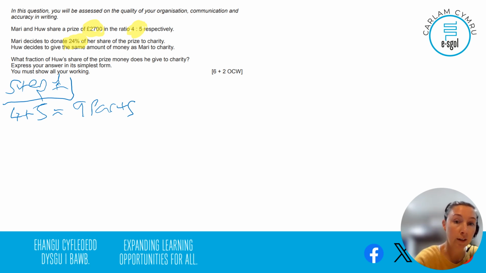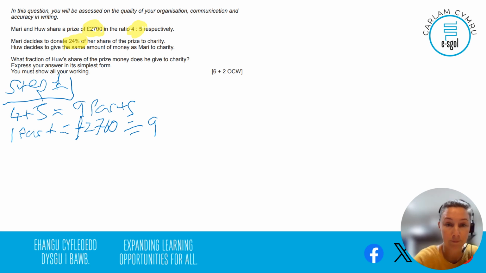We need to figure out what 1 part is of that 2,700. So we write here 2,700 divided by 9 equals £300.